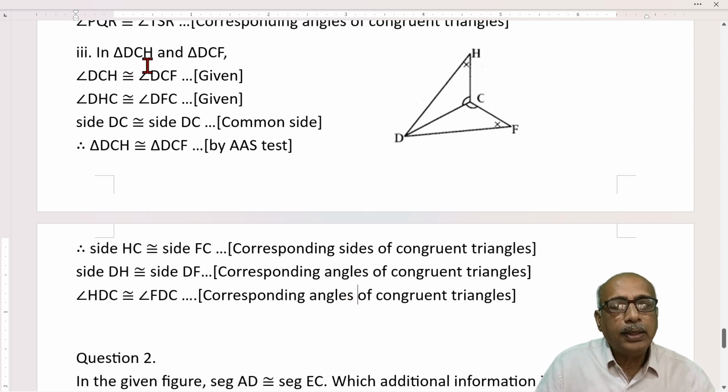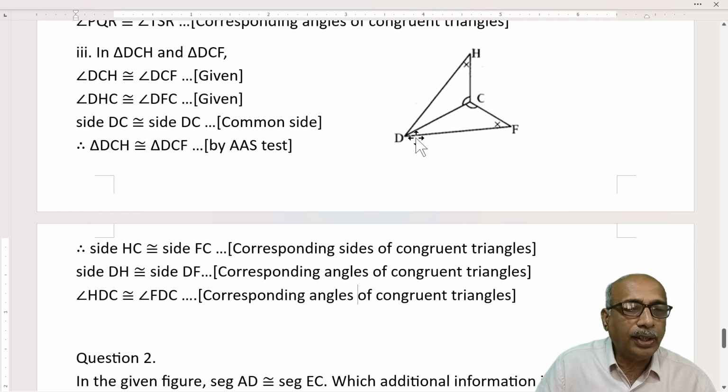In triangle DCH and triangle DCF, one-to-one correspondence only you have to take. So angle DCH congruent to angle DCF, given, curved angles are shown here, and angle DHC and angle DFC are given by cross.